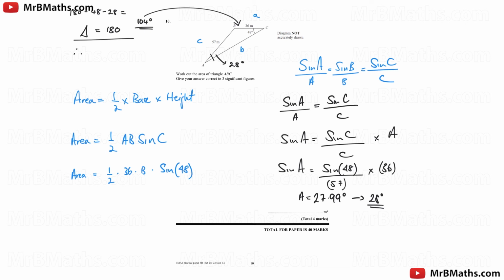So now I can use b over sine B equals a over sine A, and therefore rearrange to b equals a over sine A times sine B. So running out of space, I can put b equals the value of a, which is 36, over sine 28, times sine of B, so sine of 104. Therefore b equals 74.40.